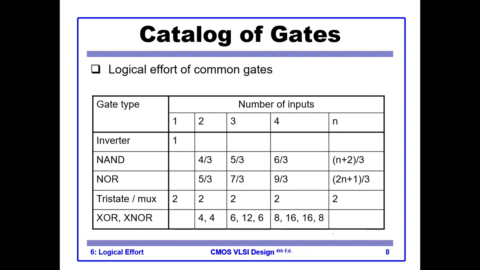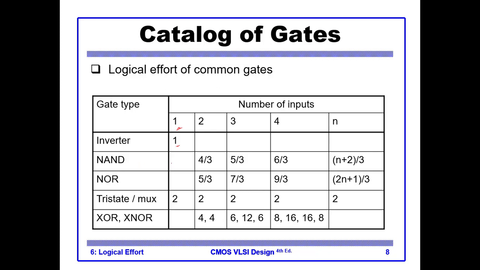This is a table which shows the logical effort for some common gates with different number of inputs. For an inverter, we already discussed that it is 1. An inverter always has a single input.